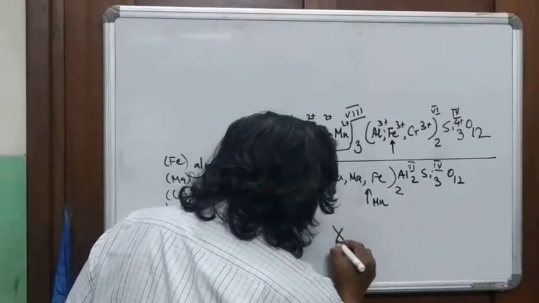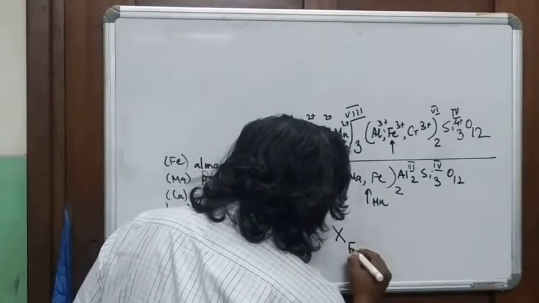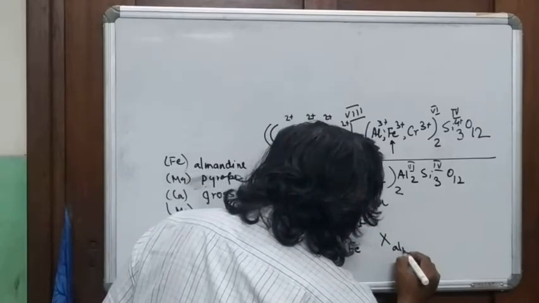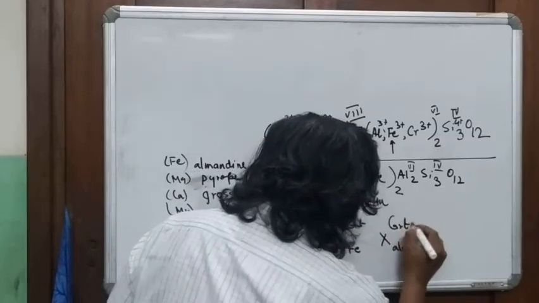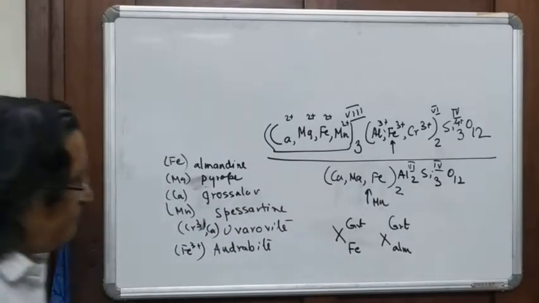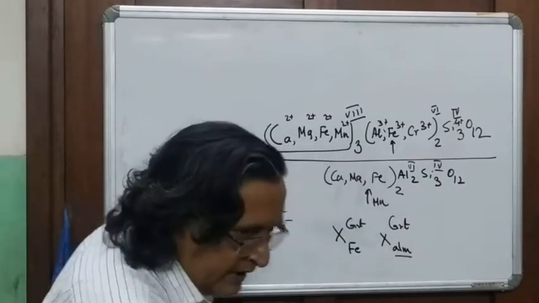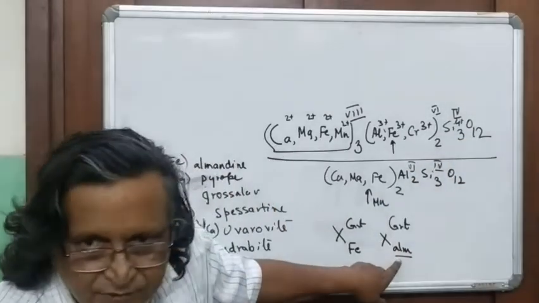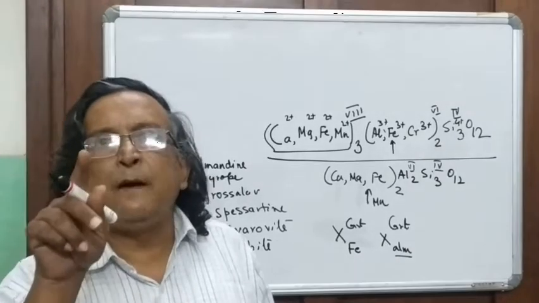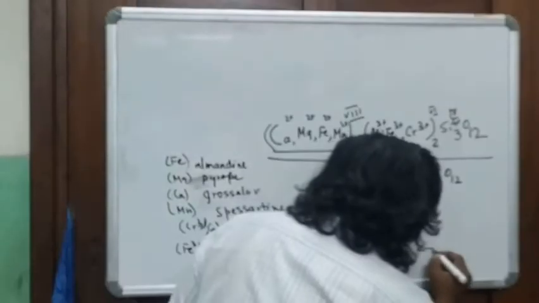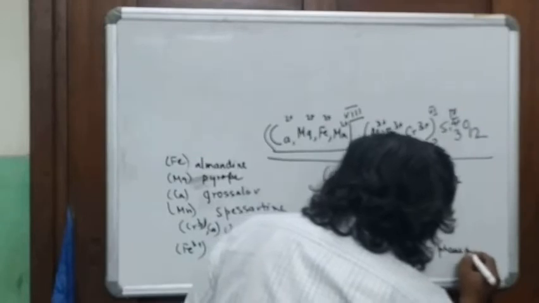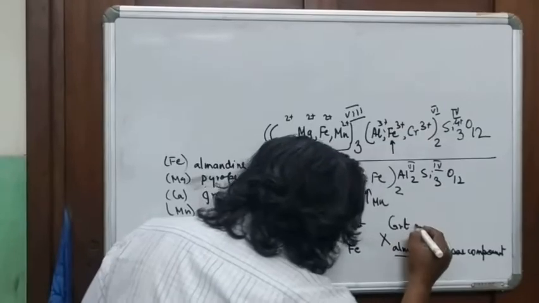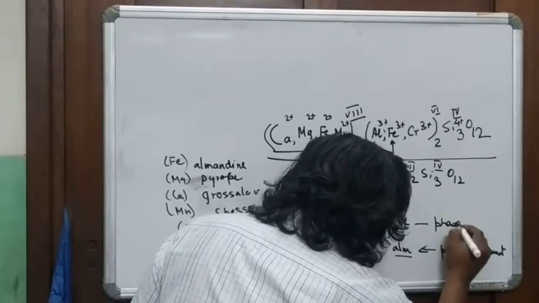So you have X Fe garnet or X almandine garnet. Remember, the one in lower case as a subscript is the phase component. The phase component occurs as a subscript. And this is the phase, it's a superscript.